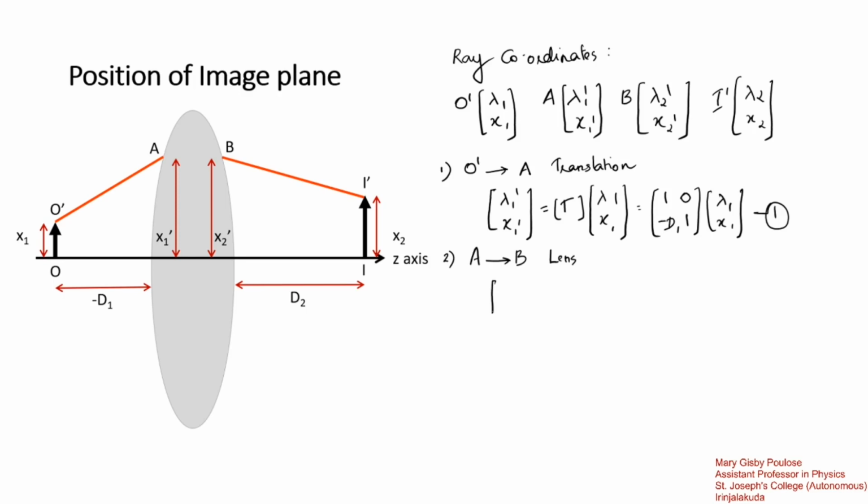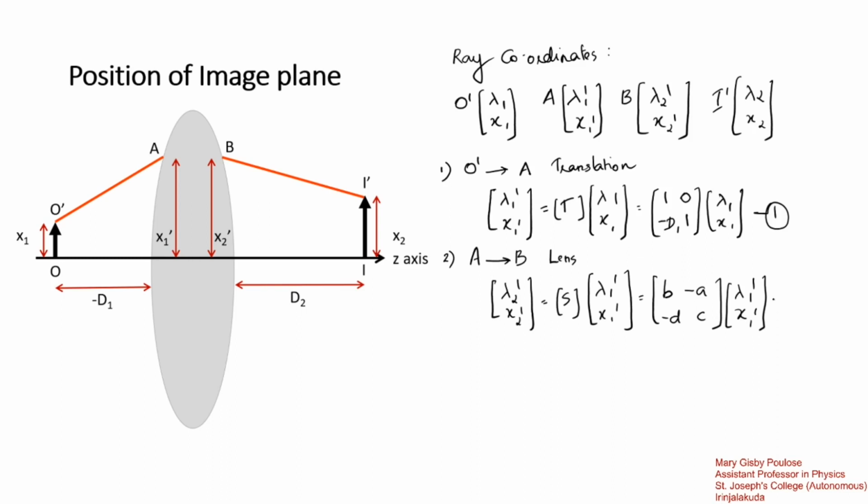Hence, mathematically it can be written as lambda 2 prime, x2 prime is given as the system matrix operating upon lambda 1 prime, x1 prime. Okay. Now the matrix form of the system matrix is [B, -A; -D, C] operating on lambda 1 prime, x1 prime. And let this be the second equation.